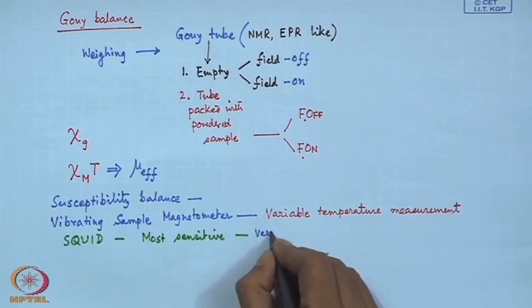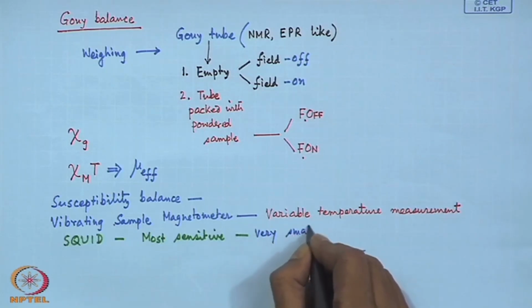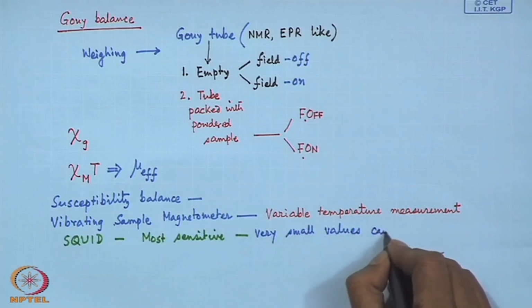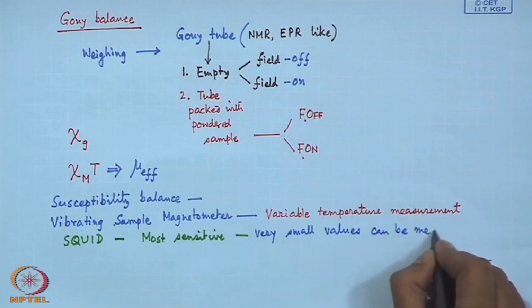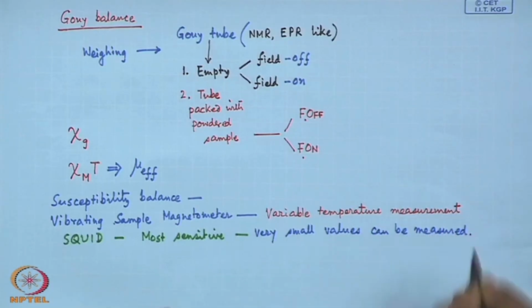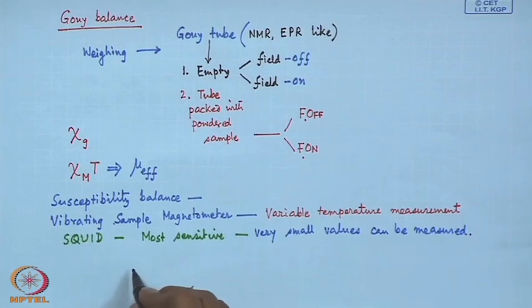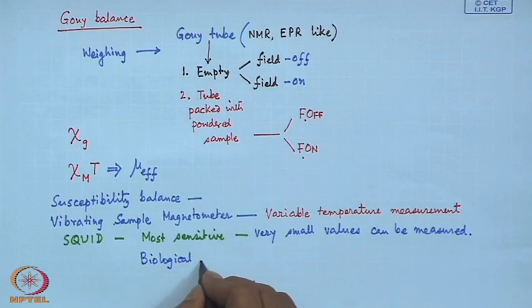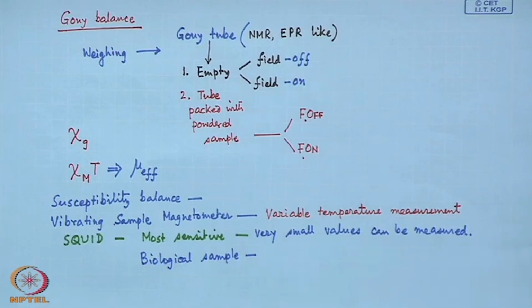Very small values can be measured. Even this technique is so sensitive that we can handle biological samples, particularly these transition metal bearing metalloenzymes.